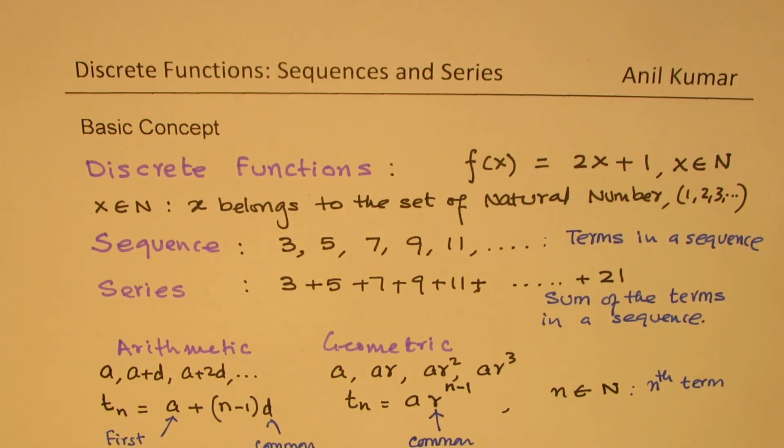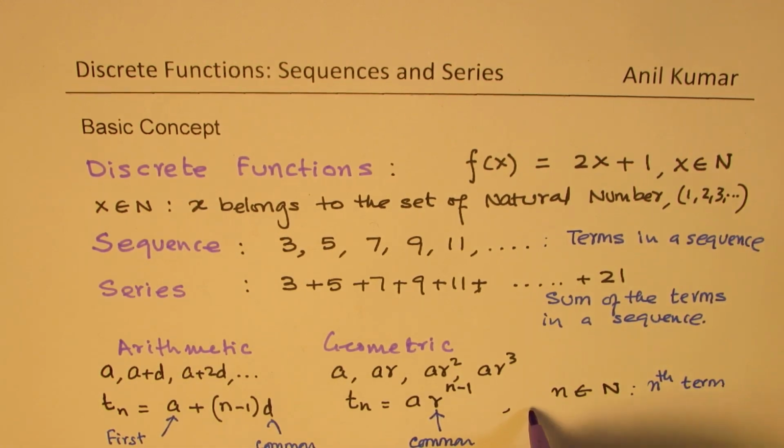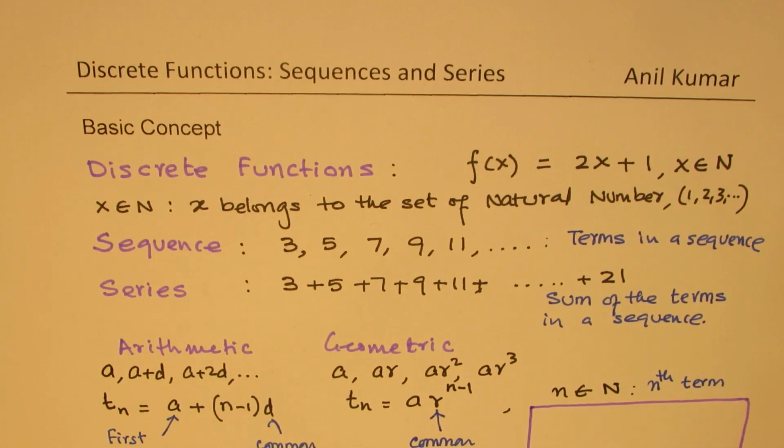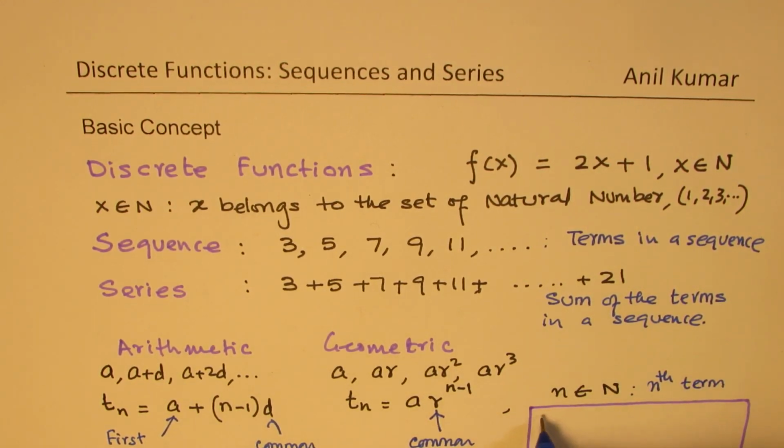Now as we move forward, a bit difficult concept is to understand about arithmetic mean and geometric mean. So I'm putting that in a box. So if I have, let's say, 3 terms, which is a and something in between, and then we have another term, let's say c, right?